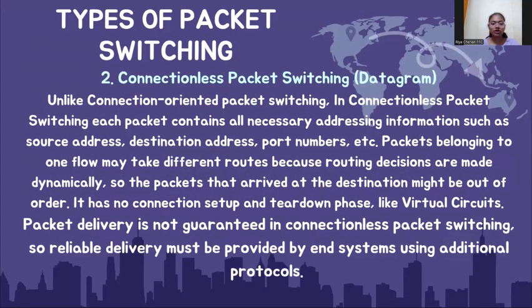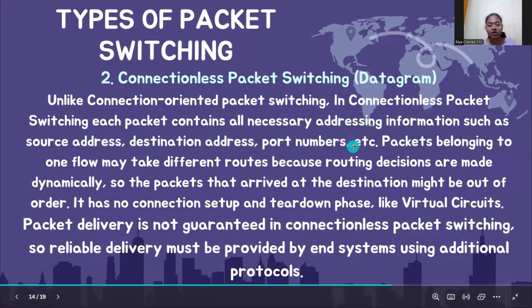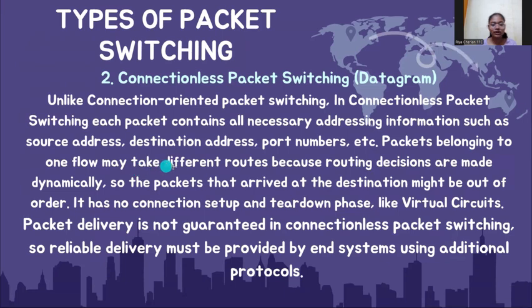So let's now look into connectionless packet switching, which is known as the datagram approach. Unlike connection-oriented packet switching, in connectionless packet switching, each packet contains all necessary addressing information, such as the source address, the destination address, the port number, etc. Packets belonging to one flow may take different routes because routing decisions are made dynamically.